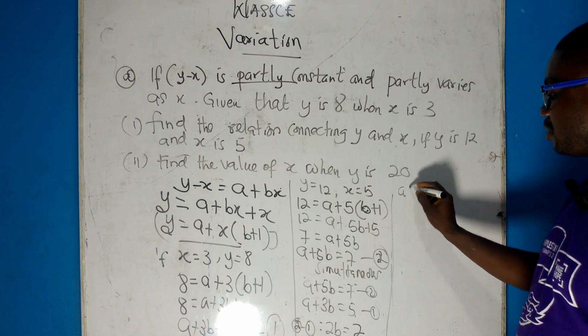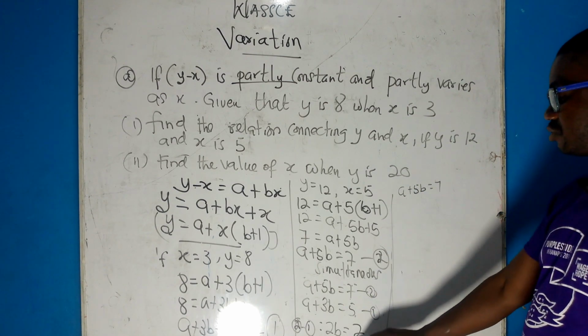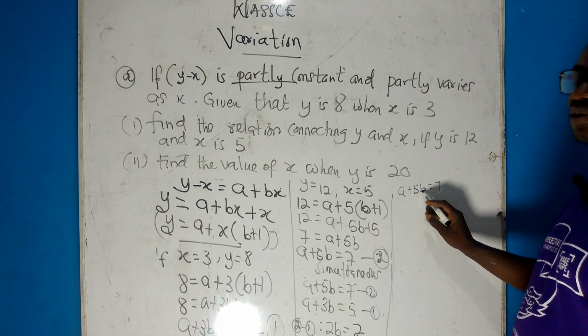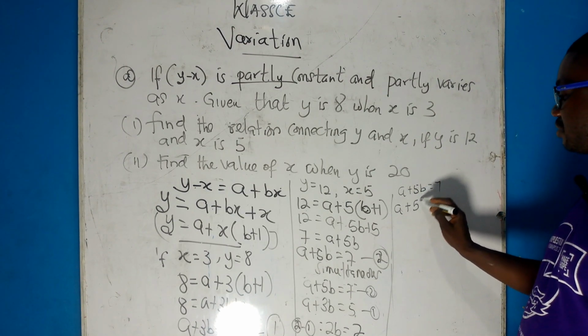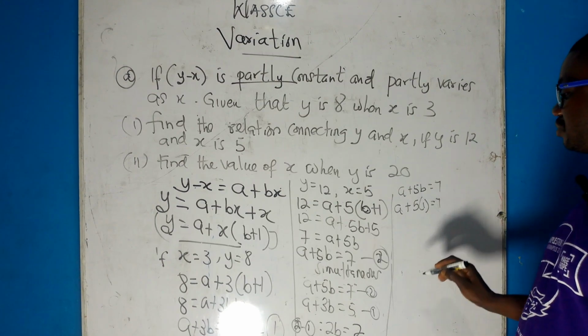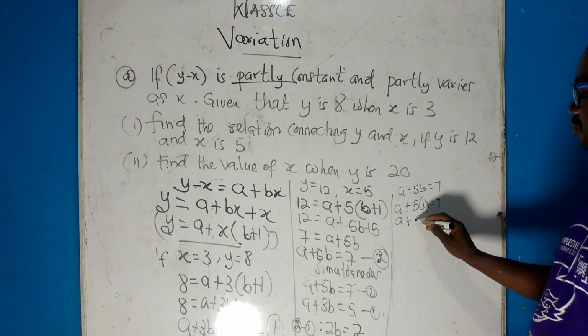So a plus 5b is equal to 7. Let's substitute b in equation 2. So I have a plus 5 times 1 is equal to 7. And then 5 times 1 is 5, so a plus 5 is equal to 7.